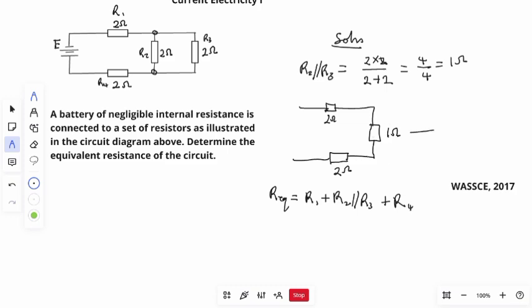It is this one that we call R2 parallel R3, which we have already done. So this is now 2 plus 1 plus another 2 to give us 5 ohms. So the equivalent resistance of this setup is 5 ohms.